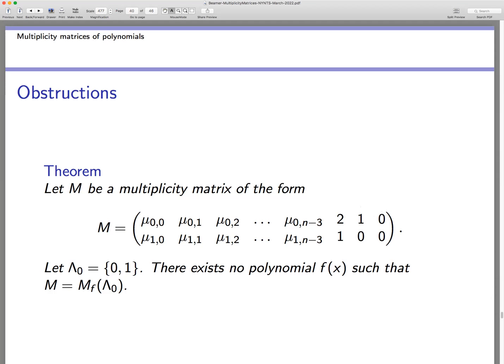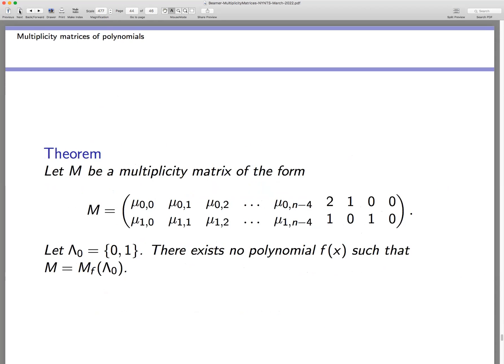So let's try this one. That other one I attacked just before the talk started, but you're right. But let's look at this guy. So this is a multiplicity matrix because the sum of the entries in the n-j column is always at most j.